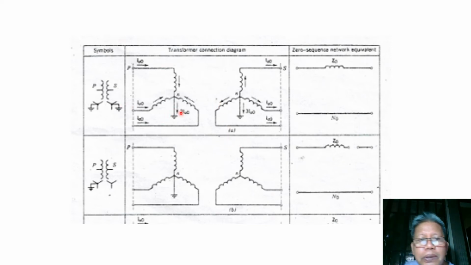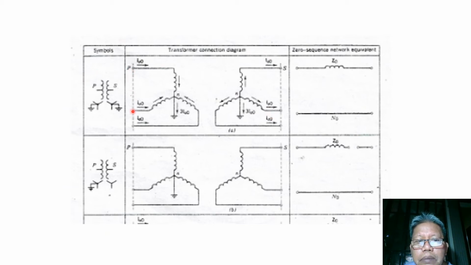So for example, we have the Y connected primary, solidly grounded, and we have also Y connected secondary, solidly grounded. With three-phase representation, you have the three windings at the primary, and we have also three windings at the secondary.